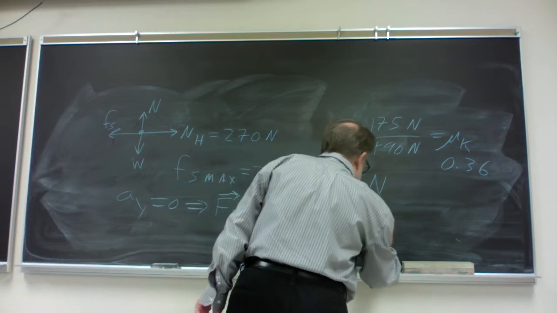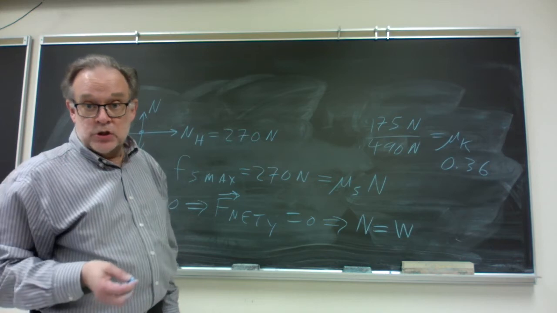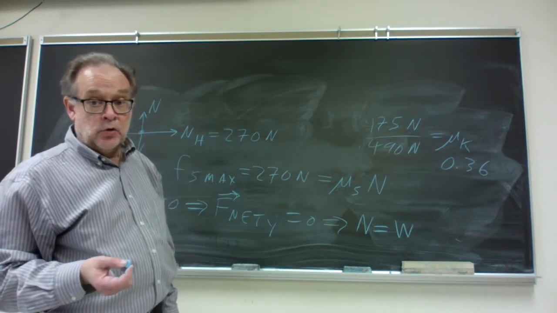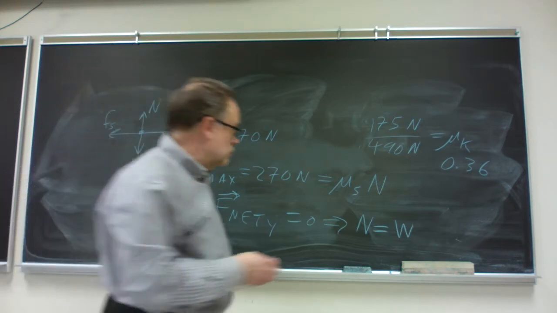They can't cancel unless they have the same strength. So the normal force is still equal to the weight, and in the previous question we figured out what that weight was. 50 kilograms times g, and that came out to 490 newtons.